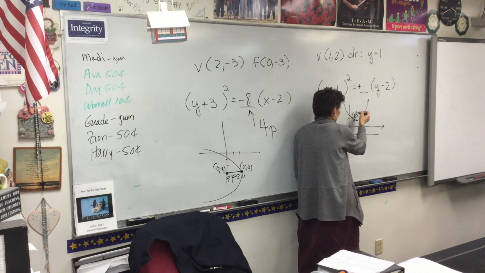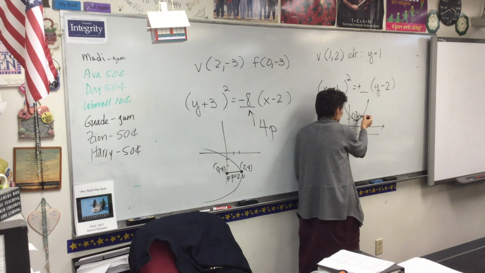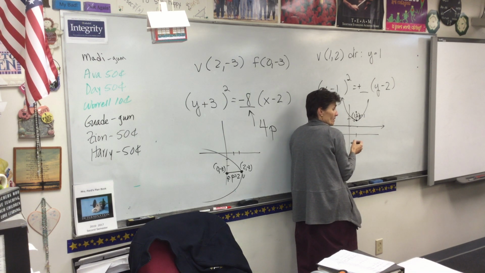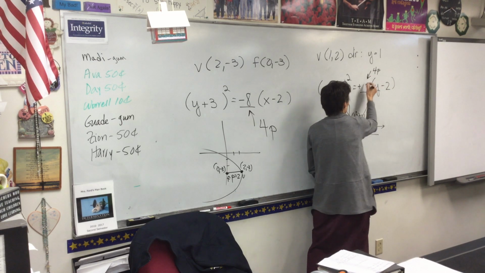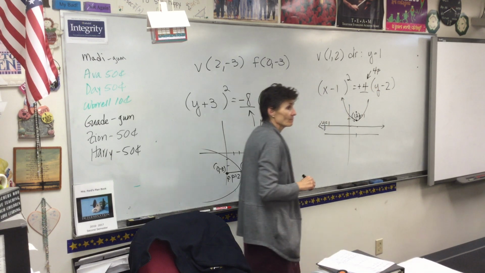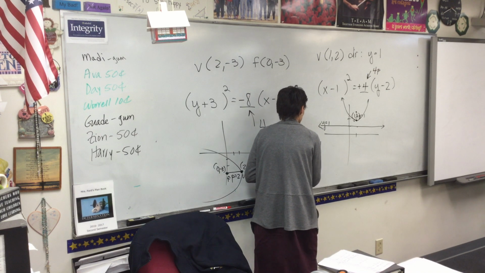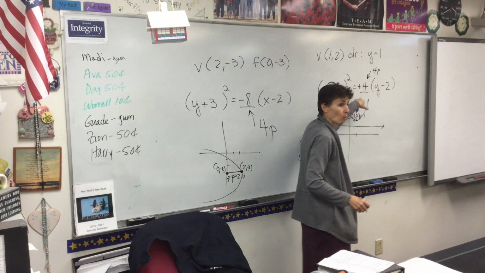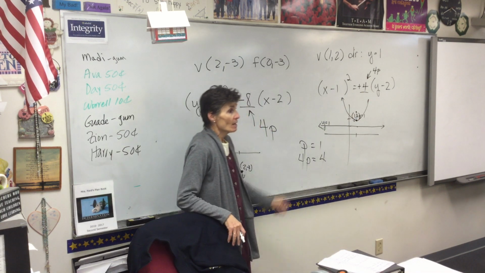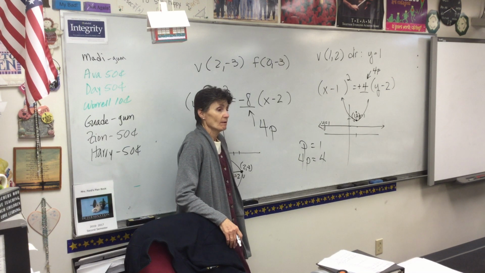So if I had done my focus, I would have gone up 1. So p is 1. If p is 1, then this number, which is 4p, has to be 4. The number in the equation is always 4p.